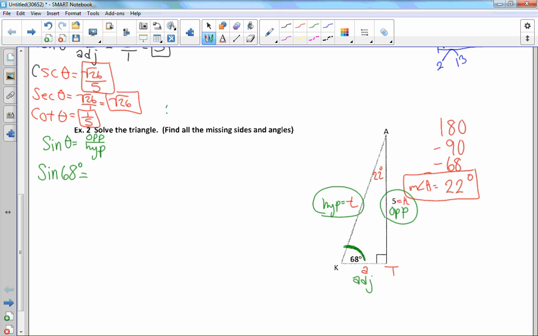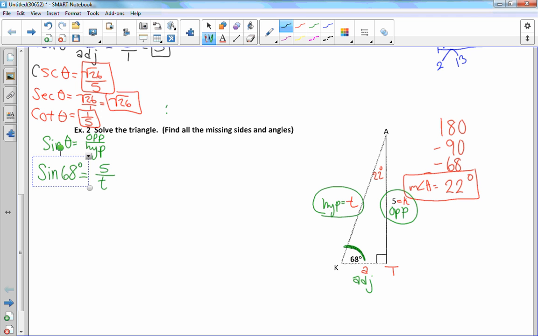Opposite, we know the opposite is 5, and the hypotenuse is t. Okay, our goal is to solve for t. How can we solve for t? Now, 68 is not being multiplied by sine, it's the sine of 68 degrees, so it's within the function.